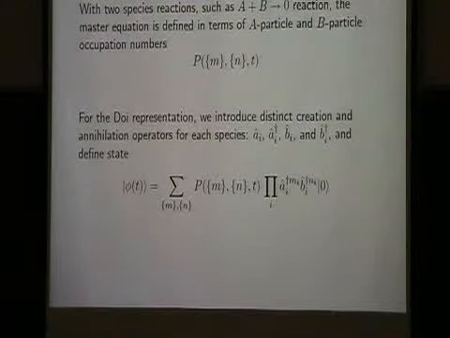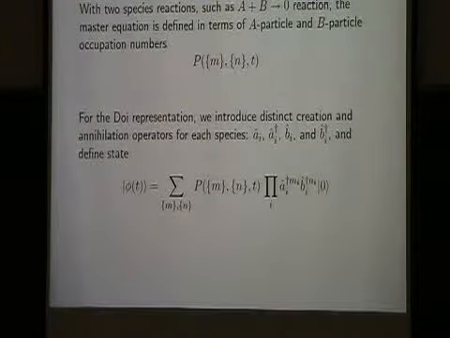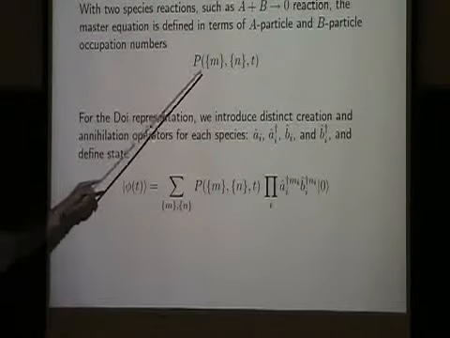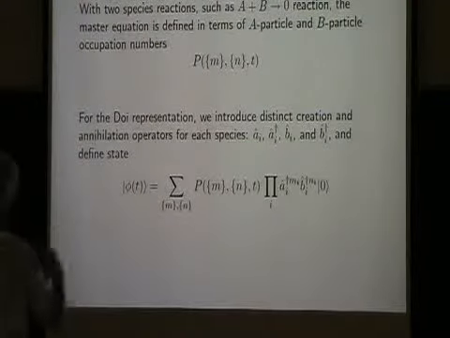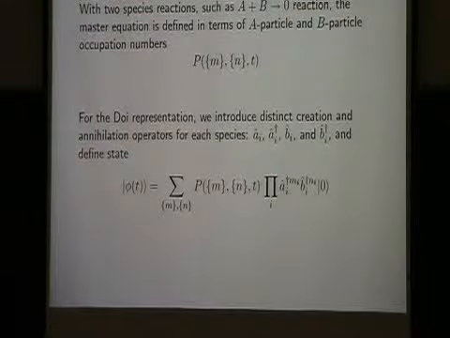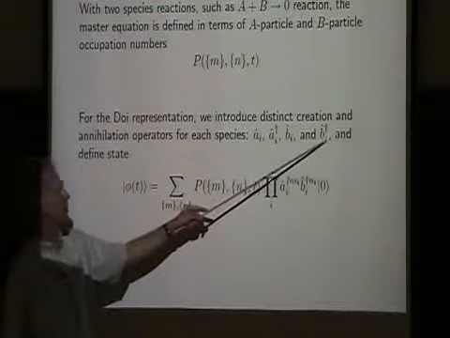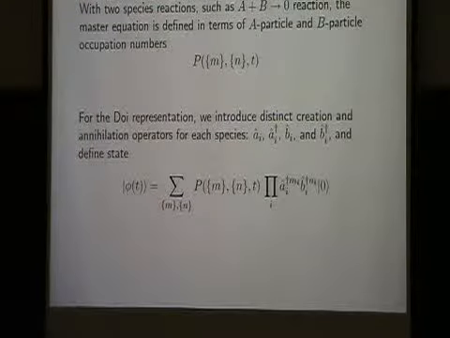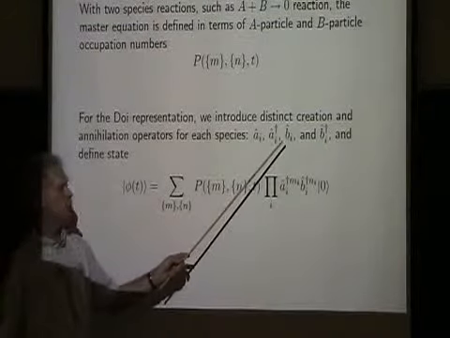Just a quick aside, what if I have more than one species? Up to now we've only talked about one kind of particle. Well, fine, I need two sets of occupation numbers: occupation numbers for my A's, occupation numbers for my B's. Give me C's, I need a third set, and so on. And then, in an intuitive way, you just need another pair of creation and annihilation operators. These are all mutually commuting.